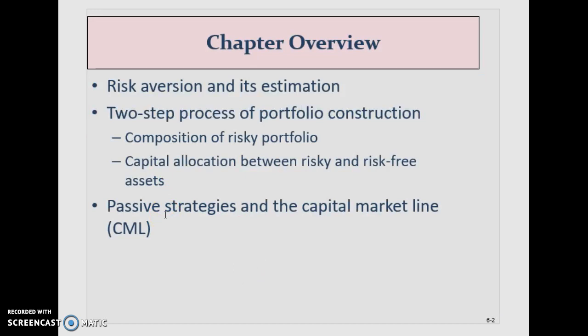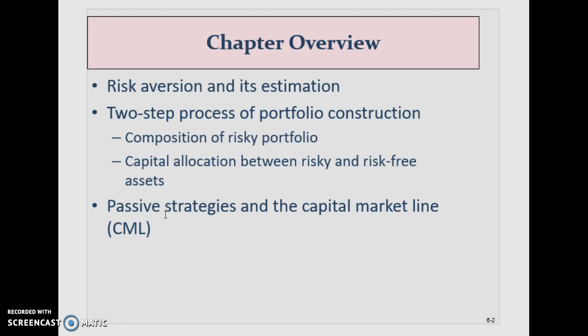This chapter's material can be roughly divided into three main parts. First, we'll begin by discussing the concepts of risk aversion and investor utility. We will then develop an understanding of the allocation of funds between risky and risk-free securities.